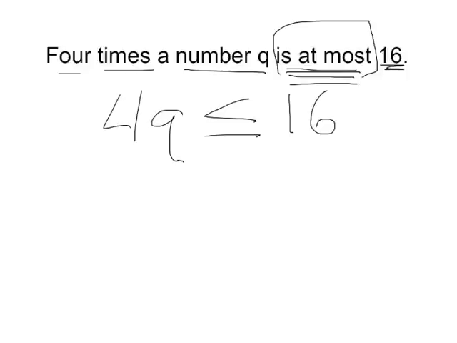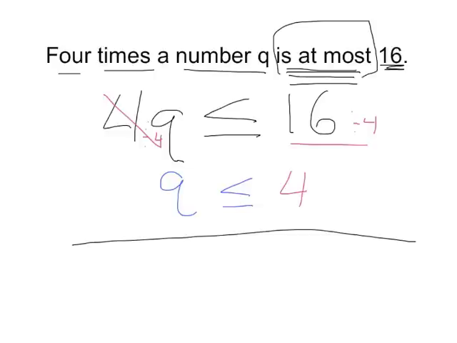Now, just like solving equations, we want to get the q by itself. How do we get rid of this times 4? Well, we have to divide both sides by 4. 4 divided by 4 is 1q, and that 1q is less than or equal to 16 divided by 4 is 4. Now we graph it on a number line, and our boundary is 4.